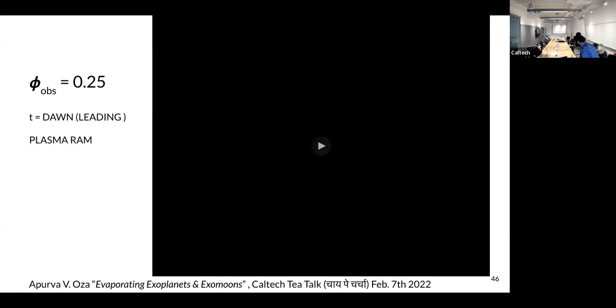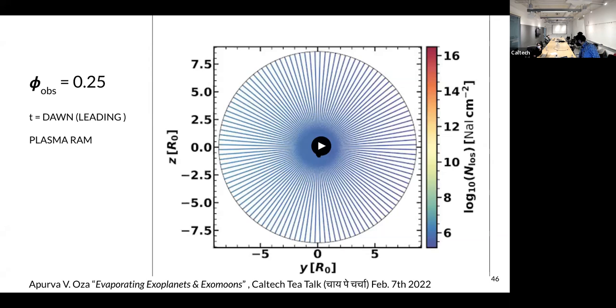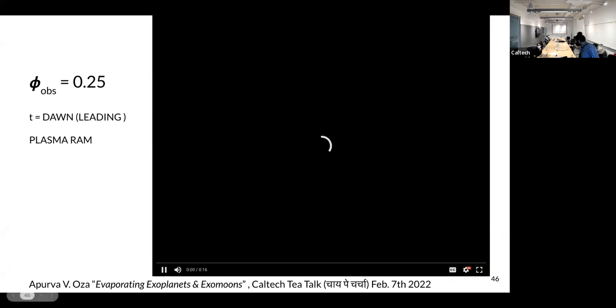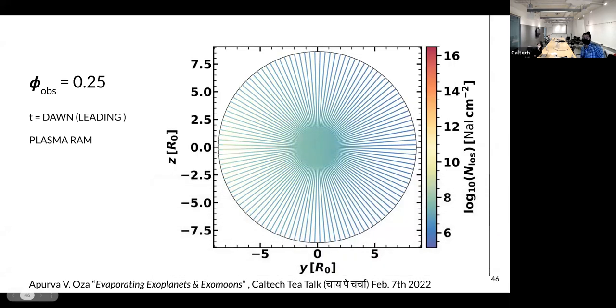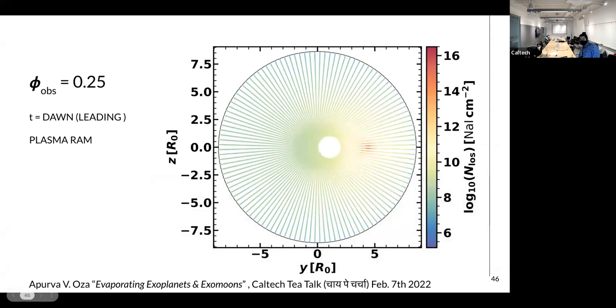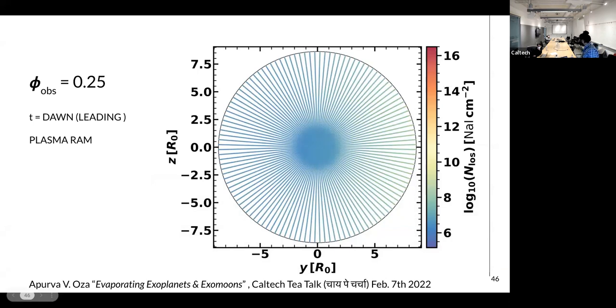Let's try. Play. I guess it was too high resolution. Okay, so here you are waiting for the planet to transit, which is very well known, and then suddenly there is a cloud of sodium before the planet actually transits mid-center.